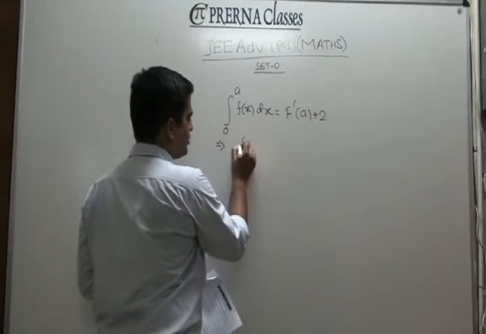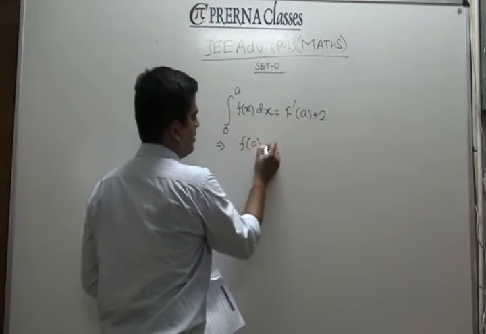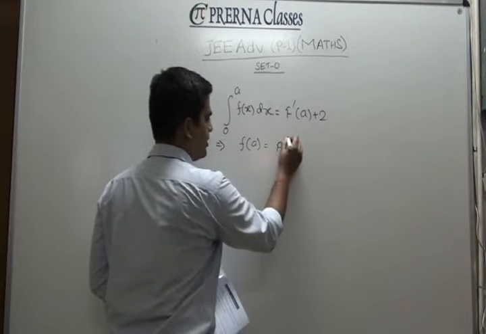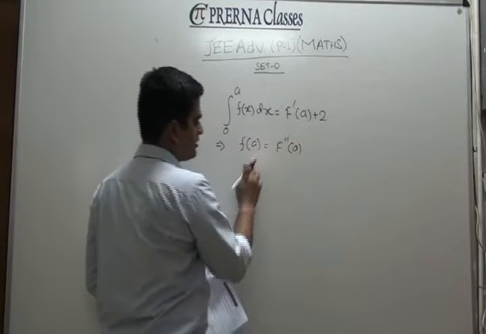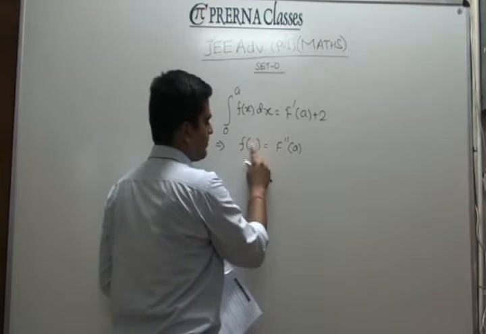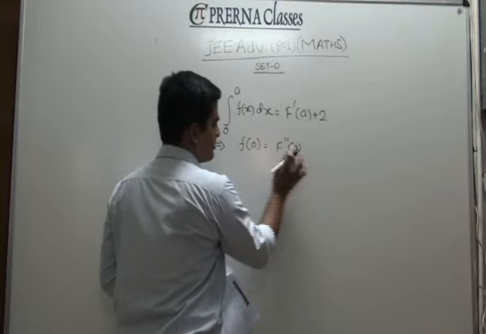If you differentiate it with respect to a, you will end up getting this using the Newton-Leibniz formula, which is equivalent to f double dash of a, and hence the quantity which you are looking at, that is f of 0, becomes f double dash of 0.